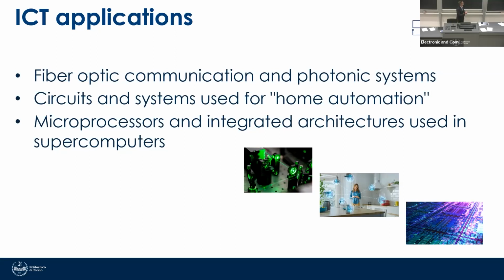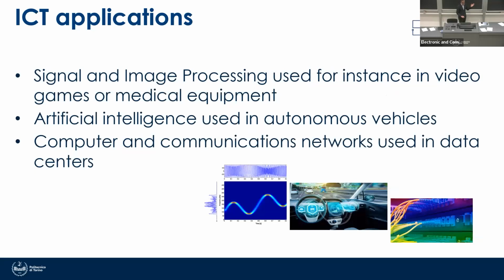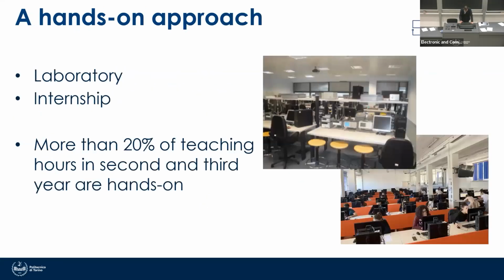I will talk also about this, but you can have applications in the area of fiber optics, circuits and systems, automation, microprocessors, integrated architecture, signal and image processing that are applied in many different cases like video games, medical equipment, or any other type of equipment. Artificial intelligence, that now is very popular, for example, used in autonomous vehicles, but not only, or computer and communication networks used in data centers that are again very, very important for today's world.